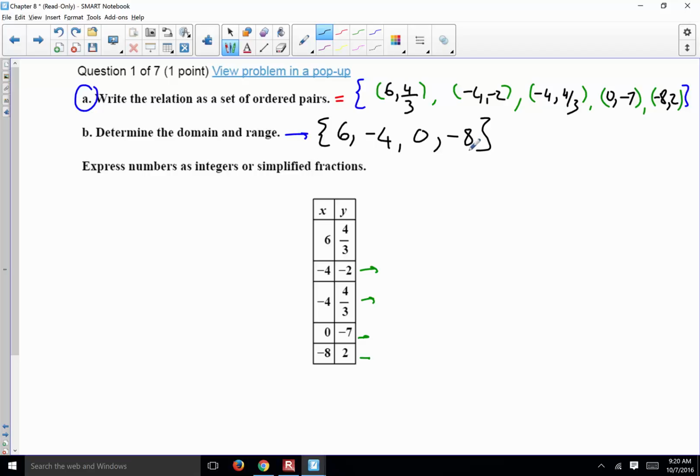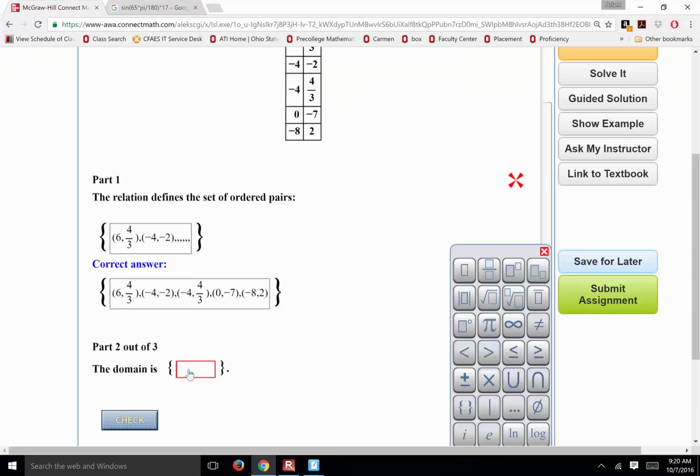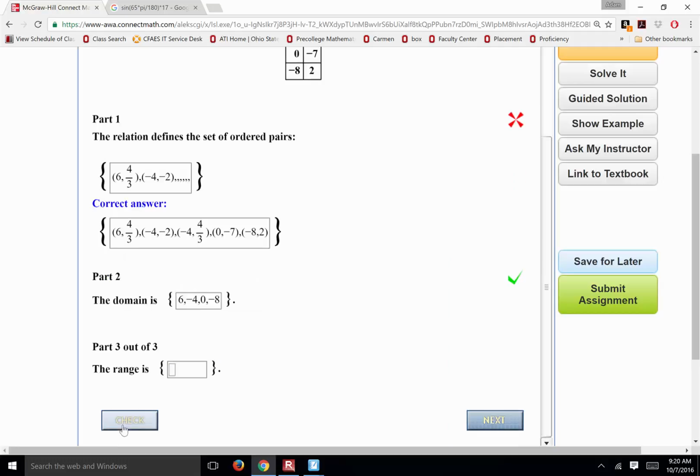But I think any order is fine for this matter. 6, -4, 0, and -8. So we're good with any order, but if possible, reorder them in ascending order, smallest number to biggest.